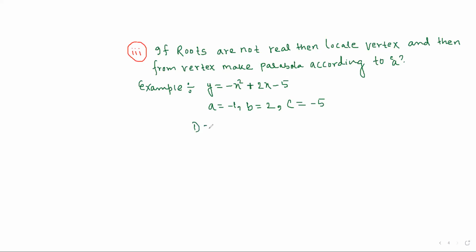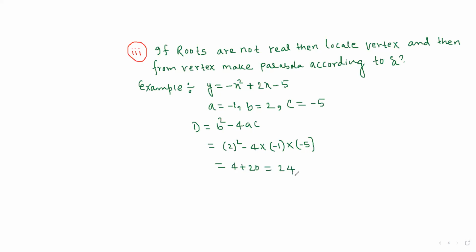So D is b square minus 4ac. So b is 2 square, minus 4 times of minus 1 into minus 5. So 4 minus 20.